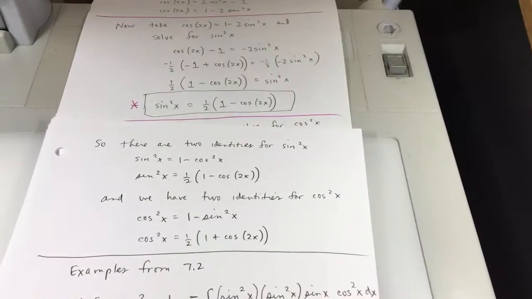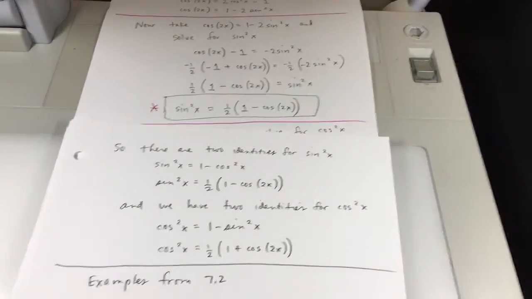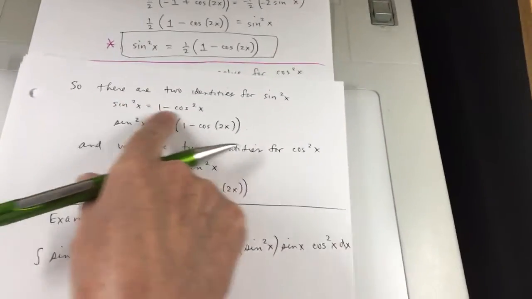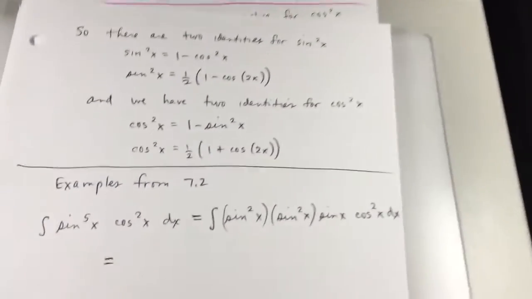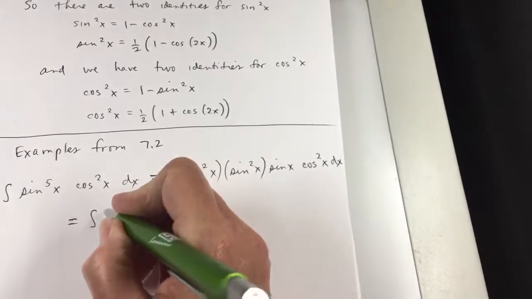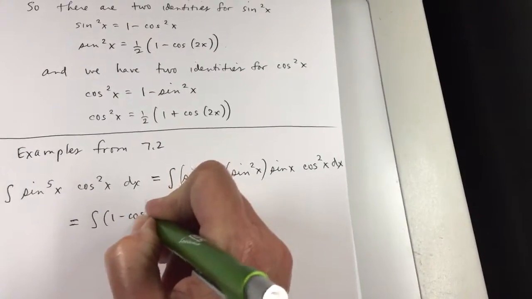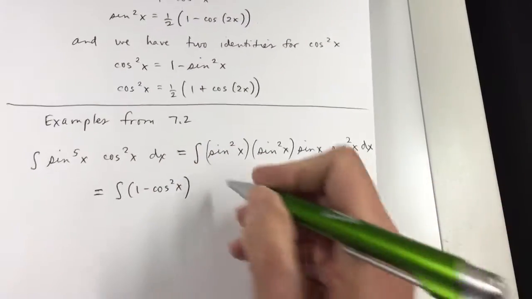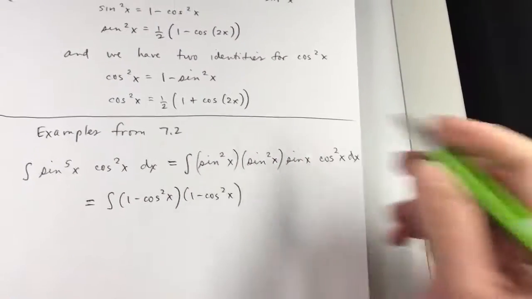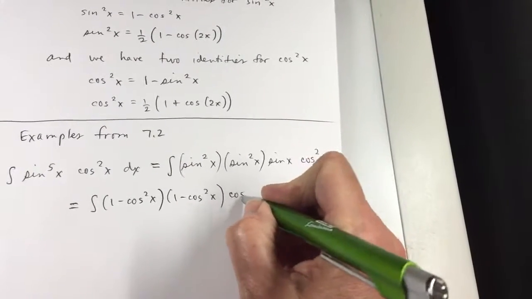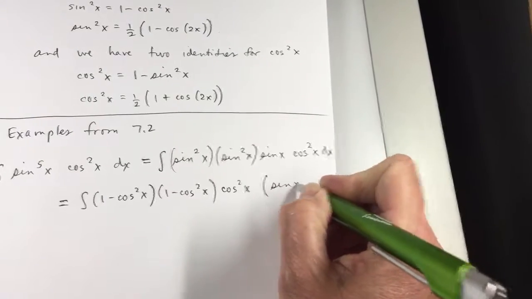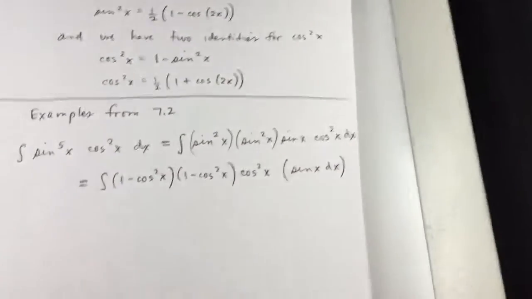I know I have to work in a negative sign, but I'll go with this one: sine squared x is 1 minus cosine squared x. So this will be the integral of 1 minus cosine squared x times 1 minus cosine squared x. And I like to write whatever's going to be du, or the makings of du, at the back of the problem.